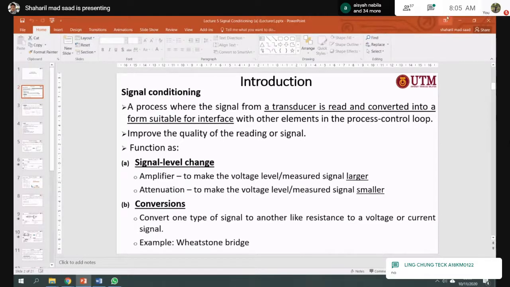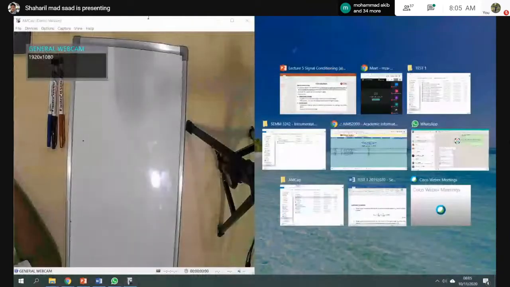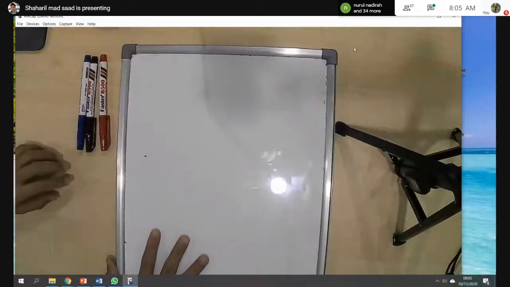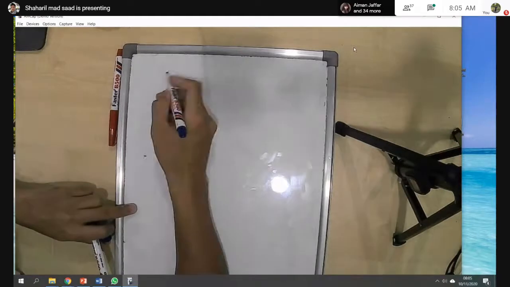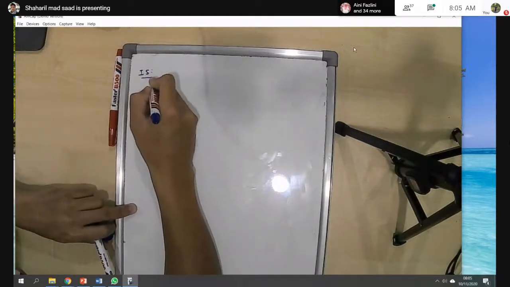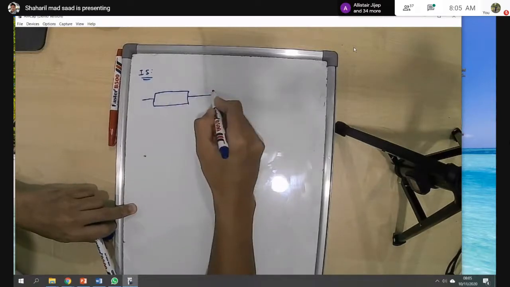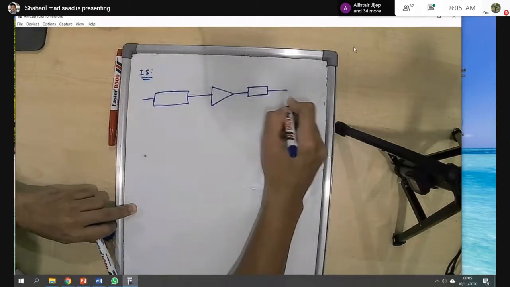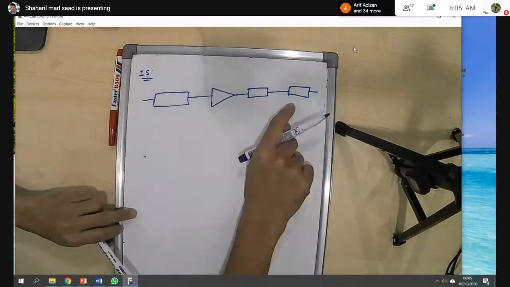As we know, the instrumentation system has the transducer, and then the signal conditioning, analog to digital, and also the display. Our instrumentation needs to have a display.